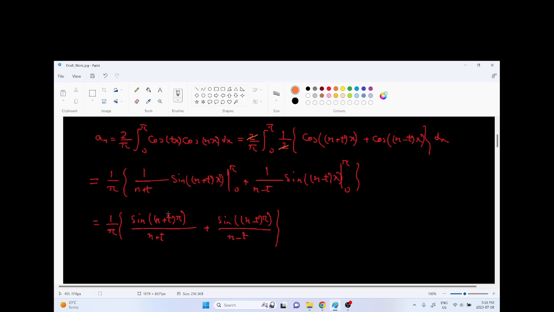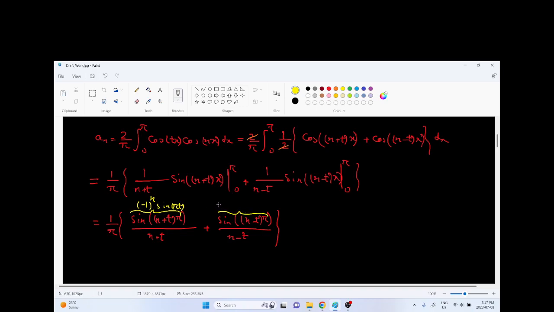And if you use the expansion formula for sine of the sum and difference of two angles, from this expression we get sine n pi cos t pi, which is 0, and then cos n pi sine pi t, which is -1 to the n times sine of pi t.